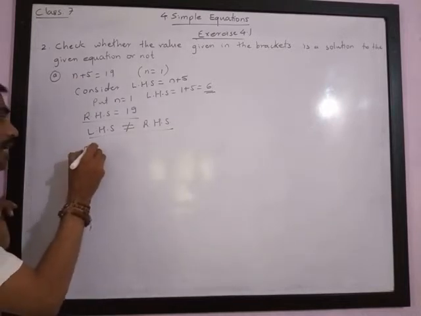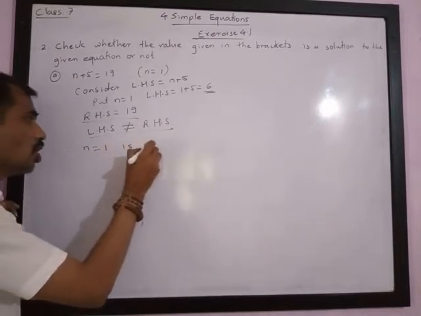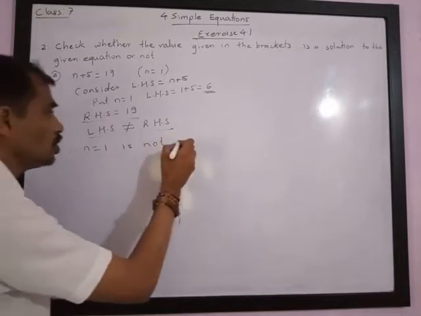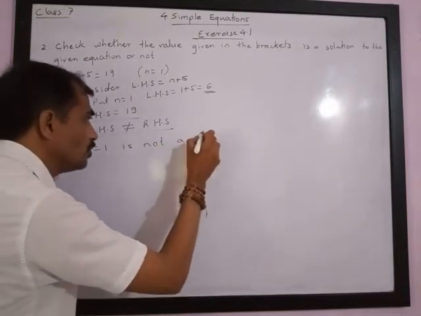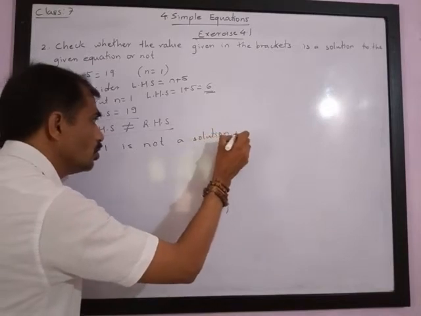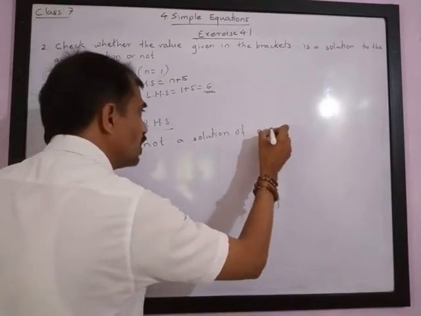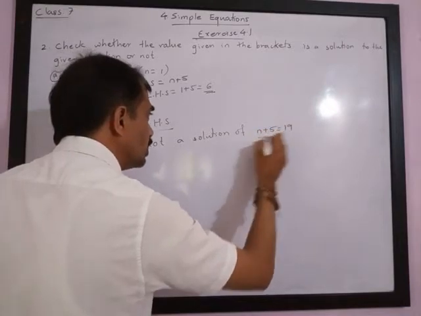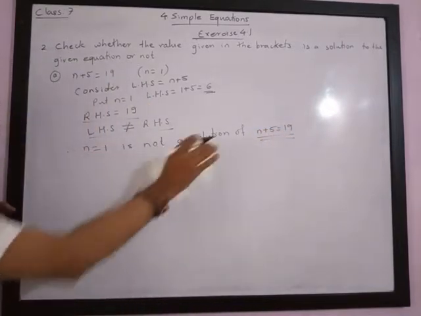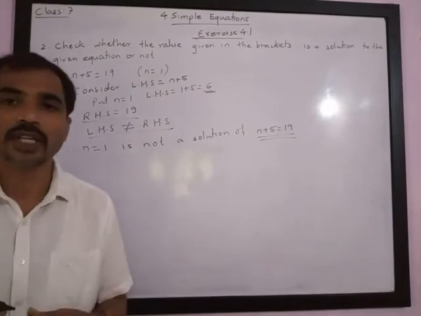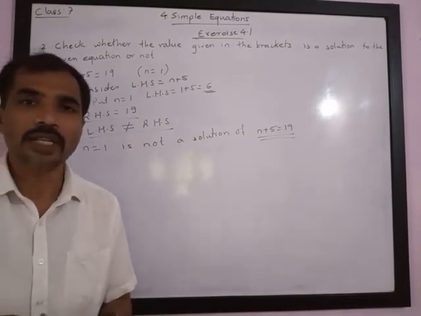Therefore we can say that n is equal to 1 is not a solution of the given equation. The given equation is n plus 5 is equal to 19.